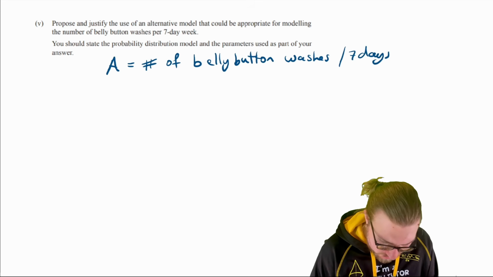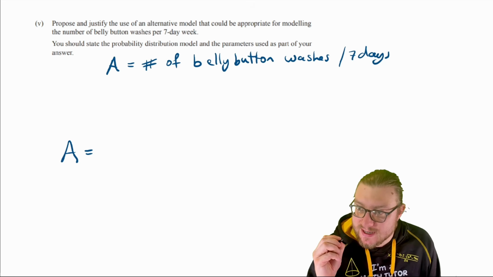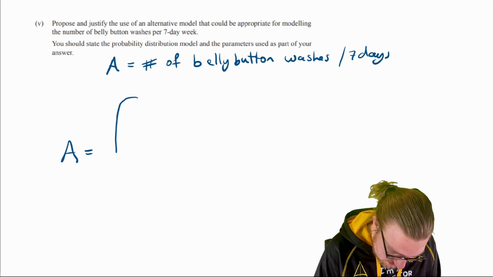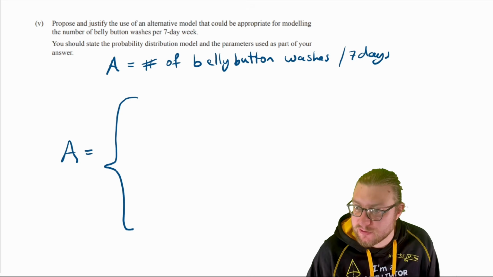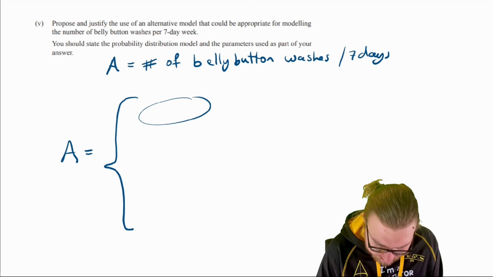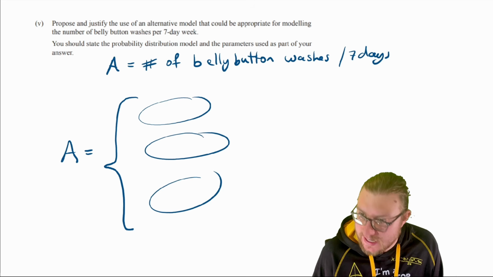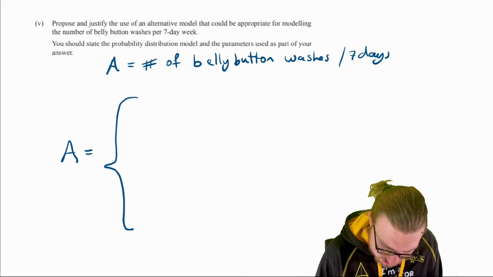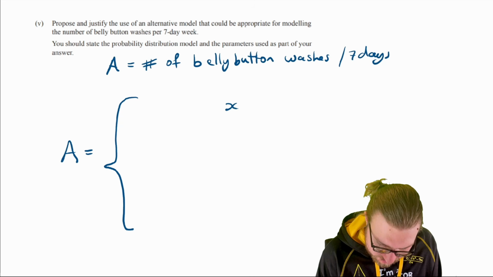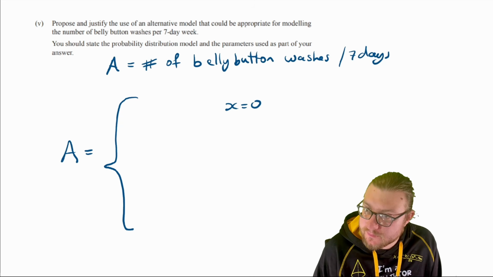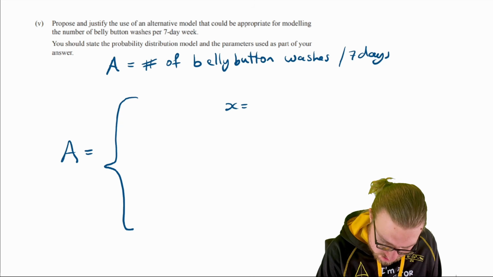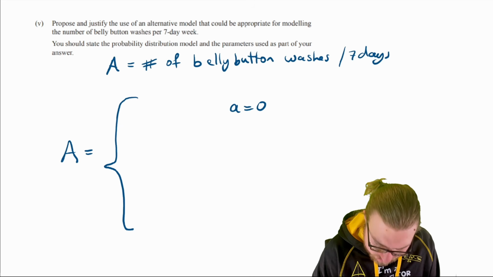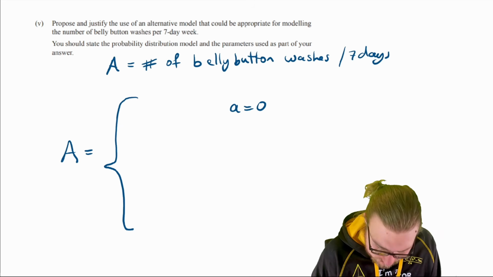It's a random variable. And now we're going to give a distribution exactly how we want it. And you can see this kind of thing that we have for the triangular distribution, where we have different formulas for different values. We're going to do exactly the same thing. So we're going to have the value of 0, or we can also use little a here, it doesn't really matter, just to match the number. If we have 0 washes, then we get a probability.